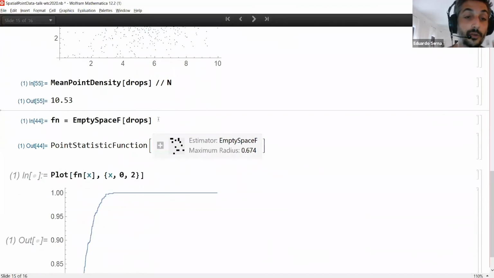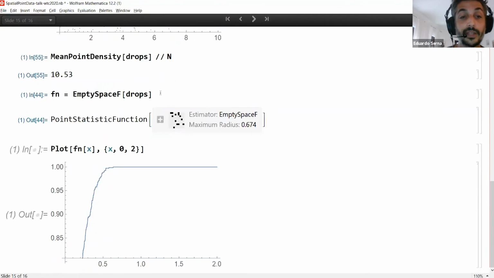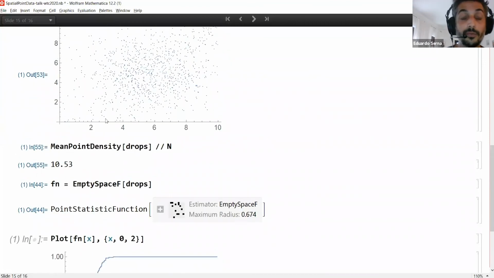We can also use one of the second order statistics, the empty space function F. It will give us the probability that we are in contact, at radius r, with at least one of these cough droplets. And this is for the whole room.